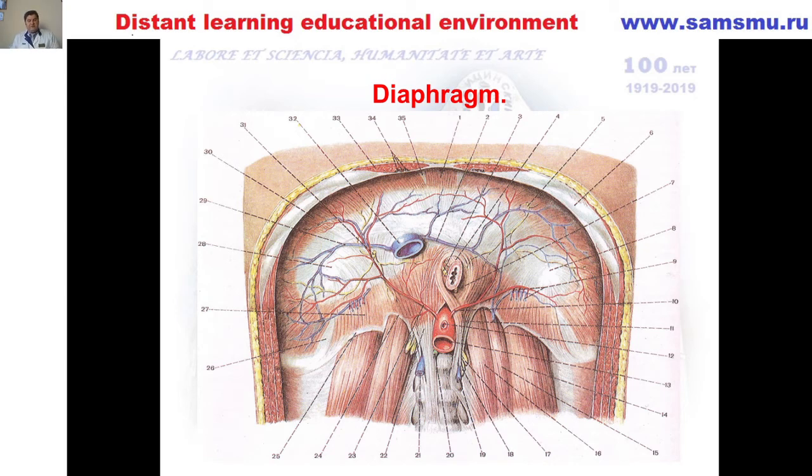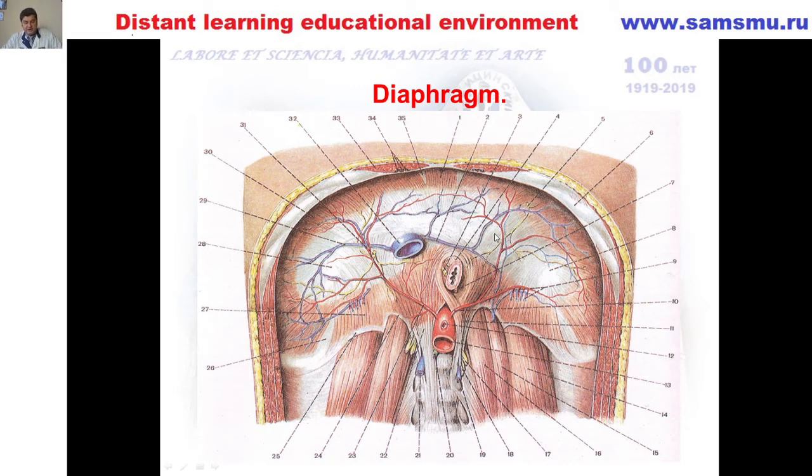The muscle fibers arise from the whole circumference of the inferior thoracic aperture, run upwards, and are contiguous with an aponeurotic tendon occupying the center of the diaphragm and called the central tendon, centrum tendineum. You may see this centrum in white here on this picture.